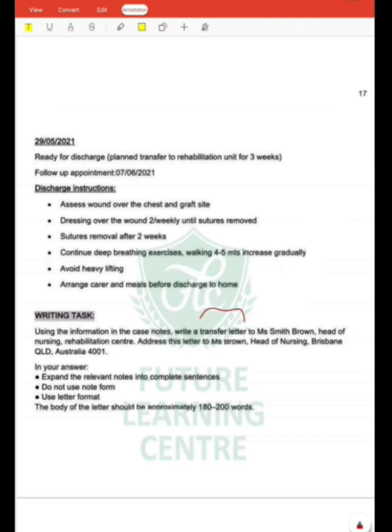In the next line they have mentioned the address: Miss Brown, head of nursing, Brisbane, QLD, Australia, 4001. So this is your writing task.